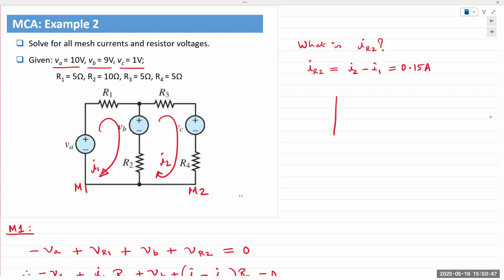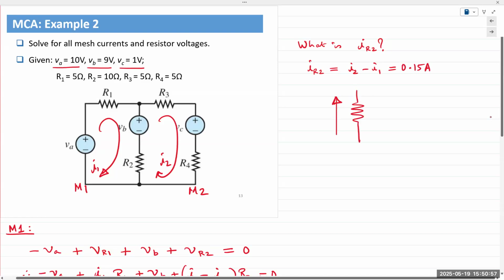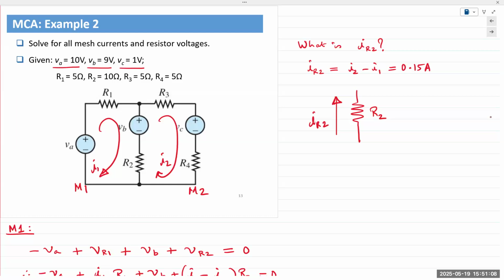So IR2 is flowing up because I2 is larger than I1. So even though there are two mesh currents, one of them flowing down, the other one flowing up, the actual branch current through R2 is flowing in the upwards direction.